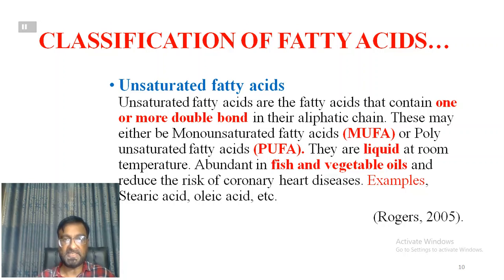Unsaturated fatty acids, on the other hand, contain double bonds. Maybe there will be one double bond, maybe two, maybe three double bonds. On this basis we can further classify them into monounsaturated fatty acids containing only one double bond, or polyunsaturated fatty acids, PUFA, containing more than one double bond.